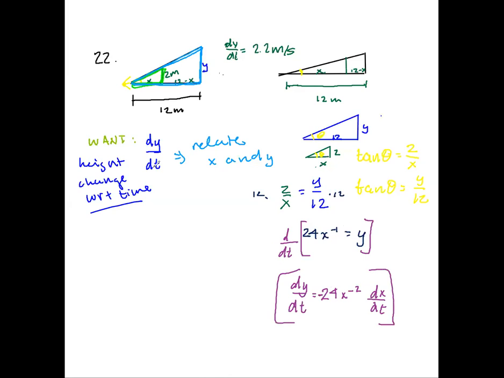So now we have this equation, and we can use that to solve for what we actually want. So we said we want to find dy/dt, and now we're saying that's equal to minus 24 times x to the minus 2, and we can determine what x is by going back to the problem. He is 4 meters away from the building.